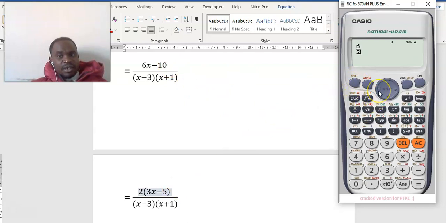Just remove this one and put 10 here. Oh, 5. This is a whole number, so it means 2 can divide 6 and 10 without a remainder. So 2 divides 10, because it's minus, so it's minus 5. 2 divides 6, three. All right, we have factorized out.